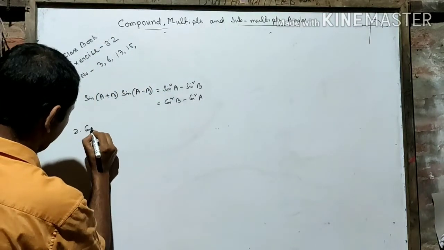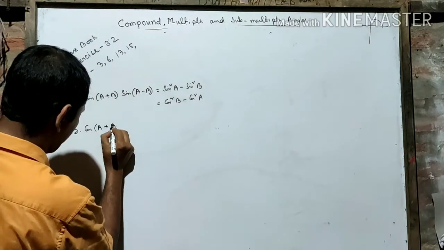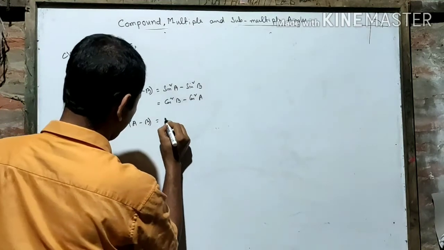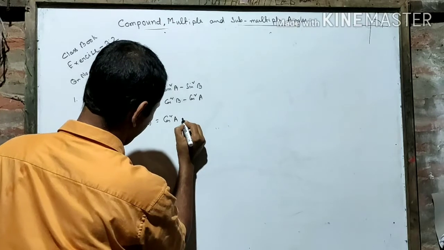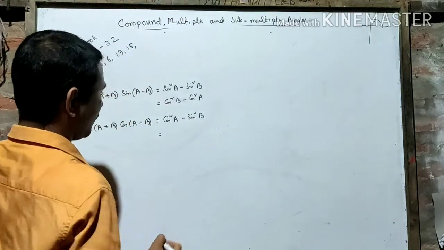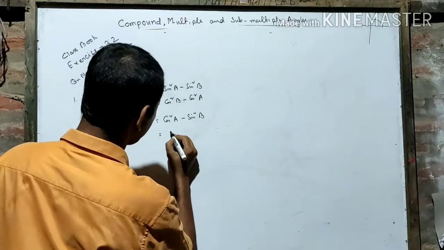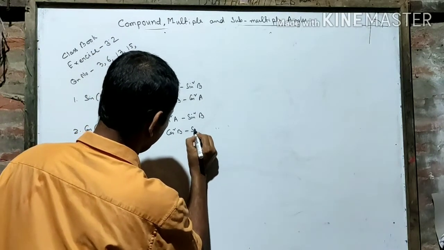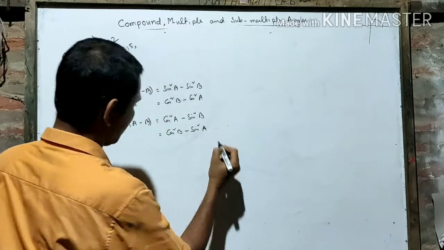Number 2, cos a plus b into cos a minus b is equal to cos square a minus sin square b, or cos square b minus sin square a.